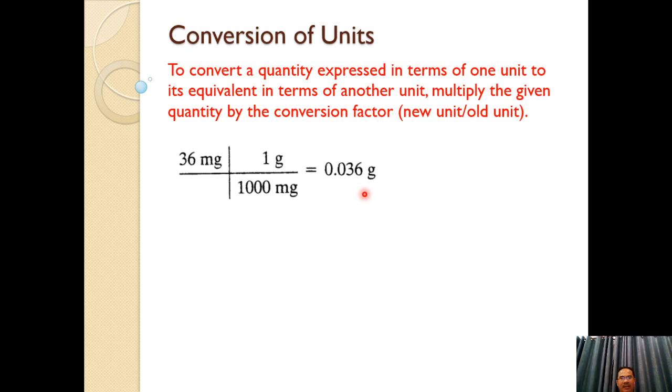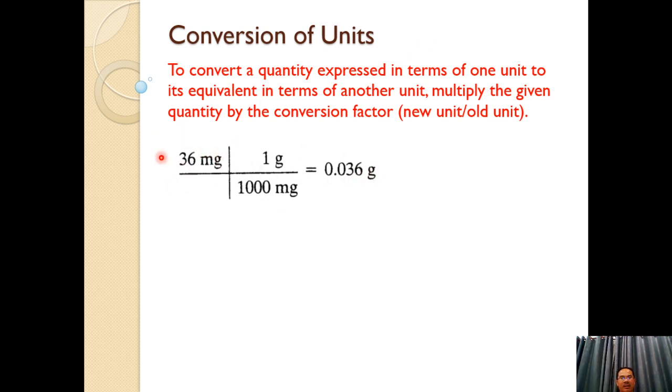For example, if we would like to convert the unit of mass from milligram to gram, we have to use the conversion factor. You know, 1 gram equal to 1,000 milligram. We use it to convert from milligram to gram.